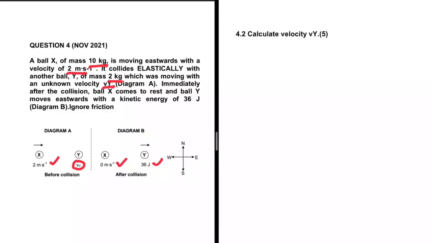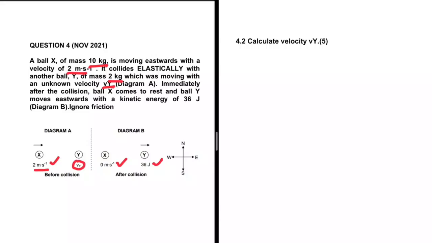Or we can use the conservation of linear momentum, because if the collision is elastic, then the momentum will also be conserved. But if we use the conservation of linear momentum, we have to convert these 36 joules to velocity. And if we use the conservation of kinetic energy, we would have to convert these 2 meters per second to kinetic energy. Whatever way we use, we must get to the same answer.